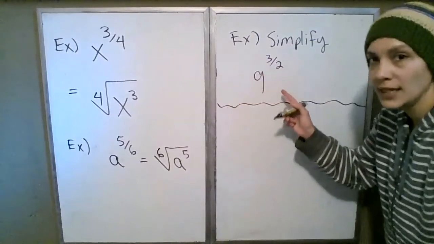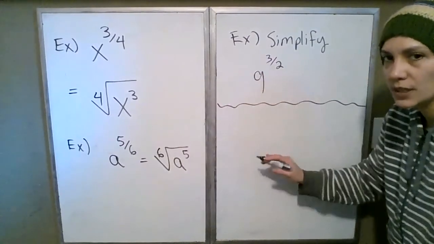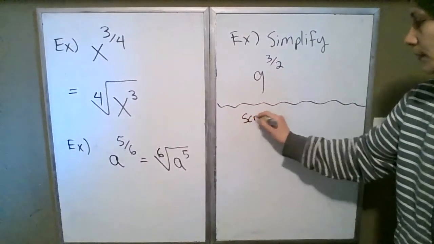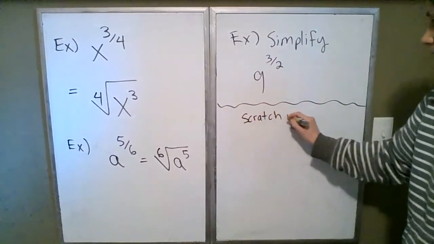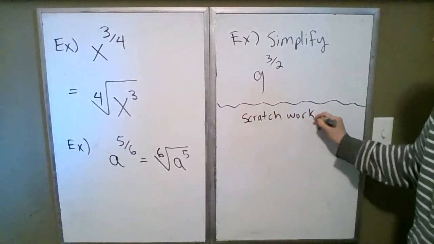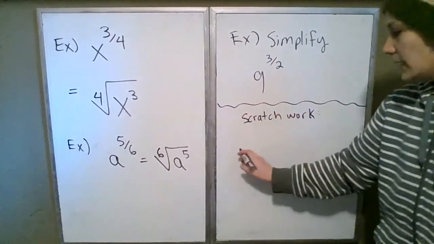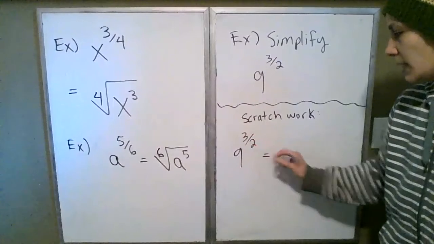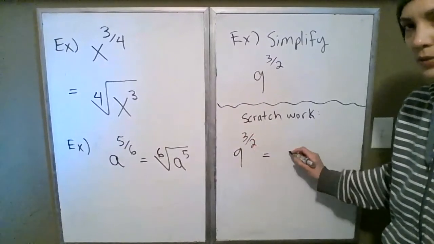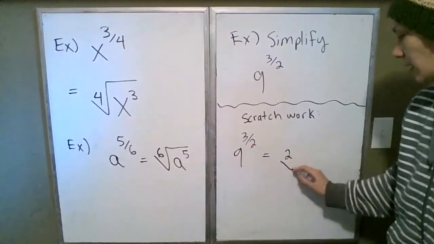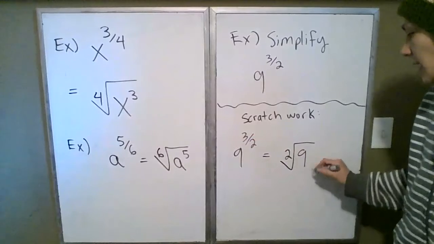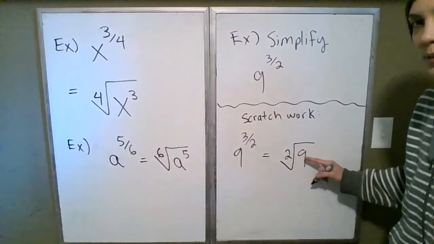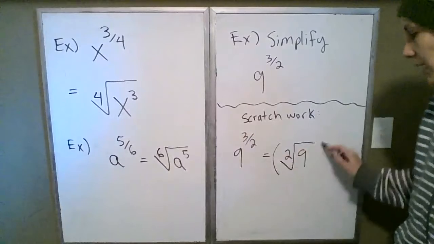Okay, got 9 and it has a power of 3/2, and you're going to work this out in scratch work. I can take 9 with the power of 3/2 and write the denominator as my root, square root of 9. And instead of putting that power under the root with these numbers, it's better to use the other version where you put the power outside.